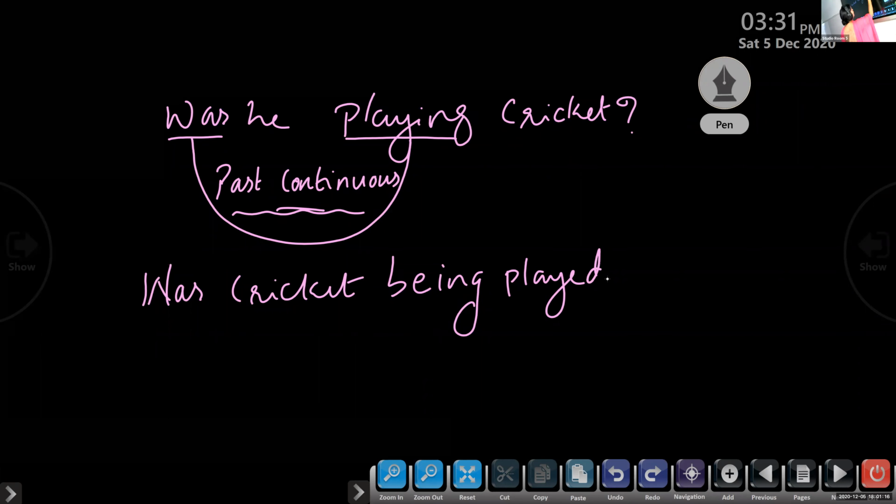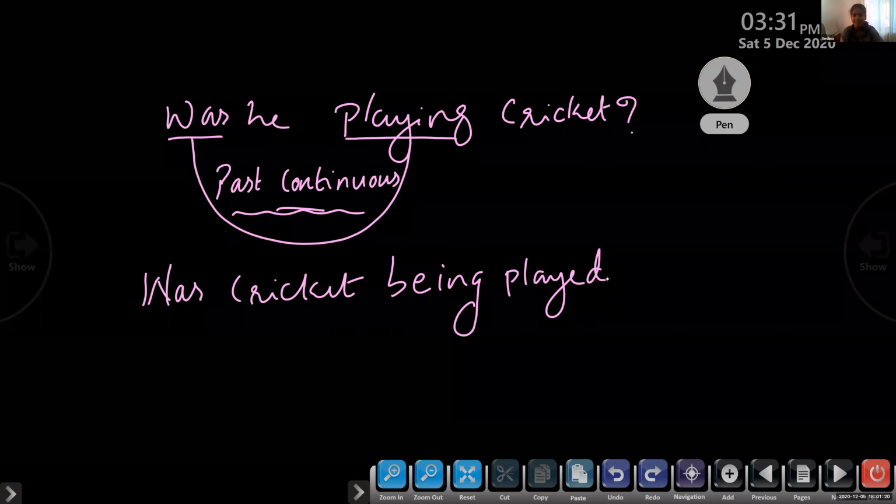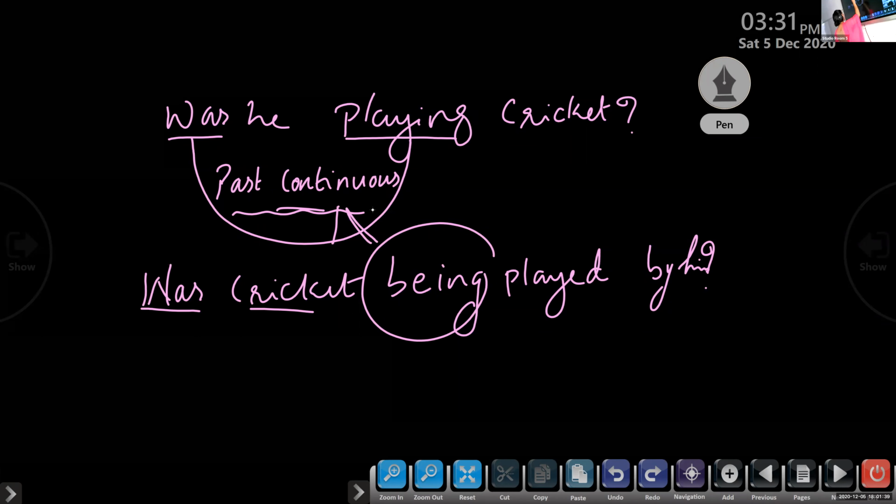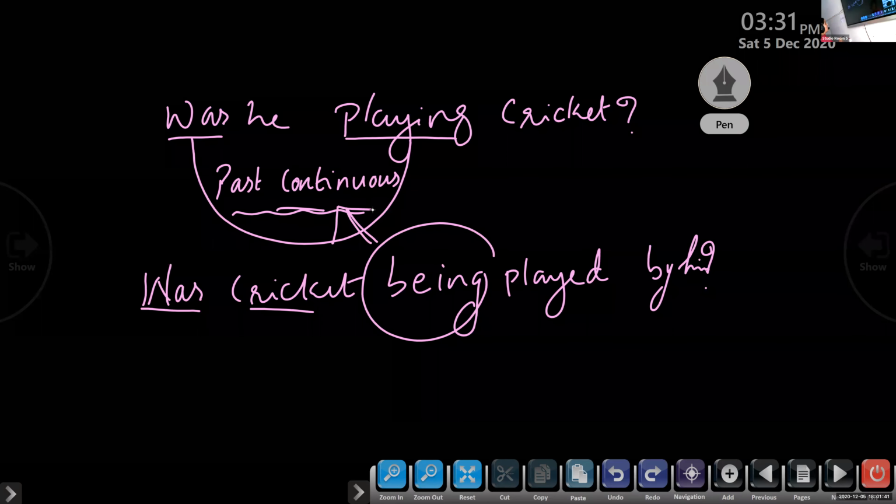Someone is helping you. No, ma'am, she is talking to the teacher. Okay. By him. And I should end my sentence with a question mark, as this is an interrogative passive voice. Yes, question mark. Very good. So your sentence: was cricket being, because the sentence is continuous form, being played by him.